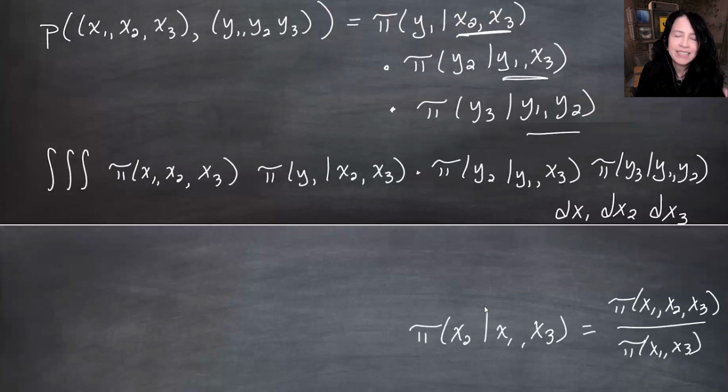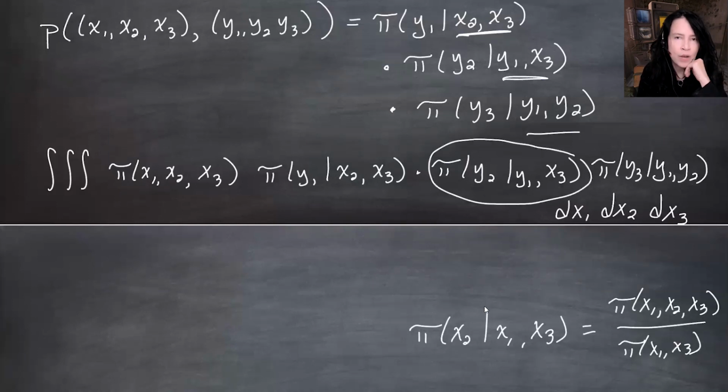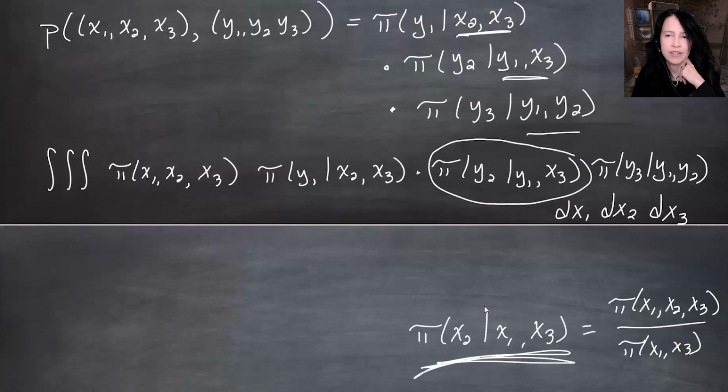Pi of y2 given y1 and x3 is using this PDF for x2 given x1 and x3, but I've got it as a function of y2. There aren't different distributions for the y's. So in all, I have a target 3-dimensional distribution, and the subscripts on the arguments are keeping track of what's going on.